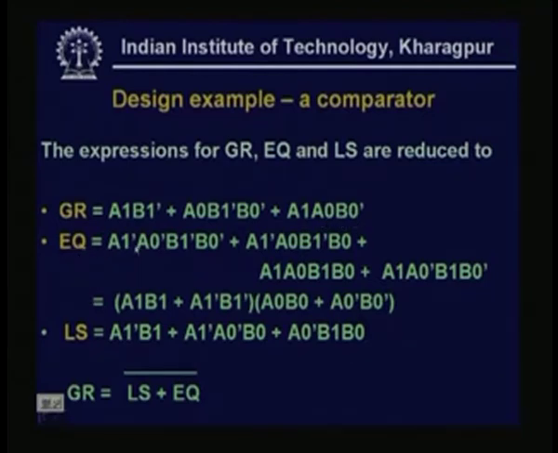Similarly, EQ will be A1 dash A0 dash B1 dash B0 dash, A1 dash A0 B1 dash B0, A1 A0 B1 B0 plus A1 A0 dash B1 B0 dash, and this is equal to (A1 XNOR B1) AND (A0 XNOR B0). The LS line, less than line, will be A1 dash B1, A1 dash A0 dash B0 plus A0 dash B1 B0.